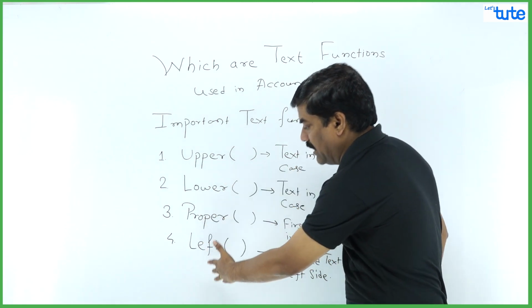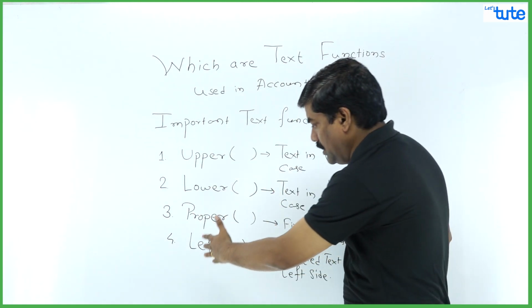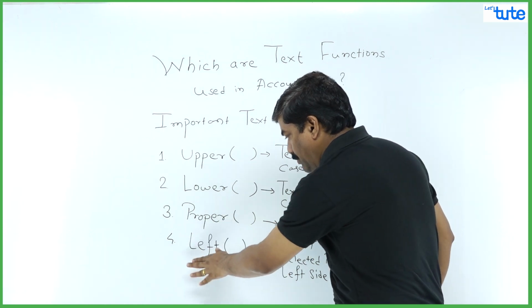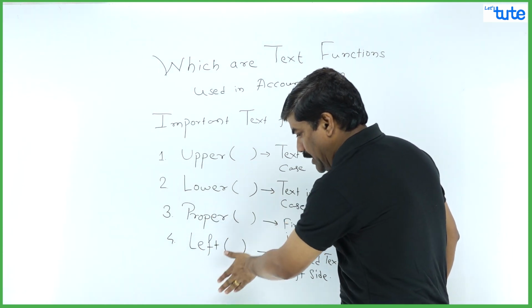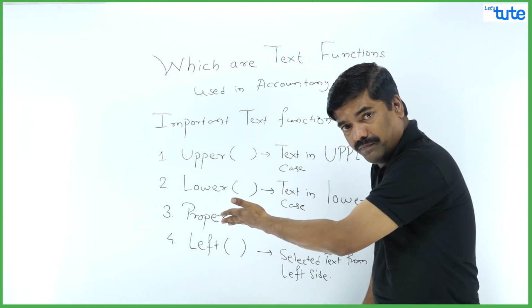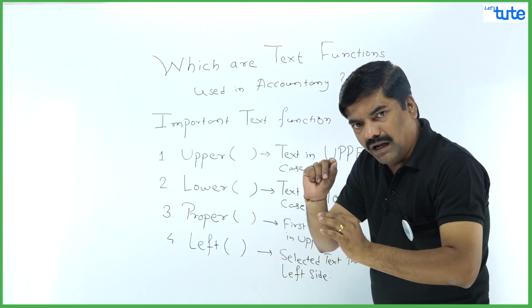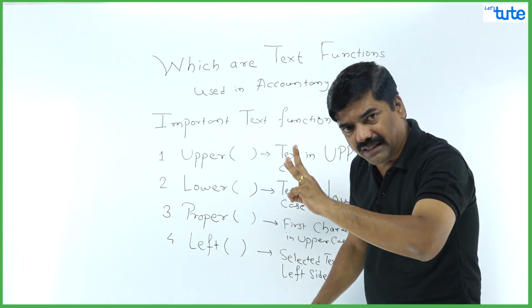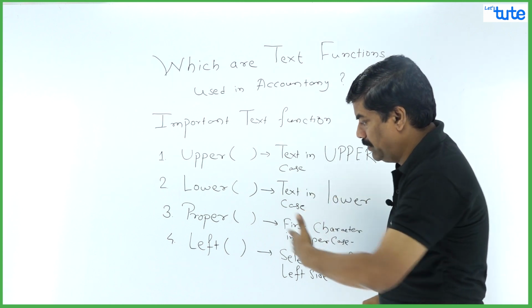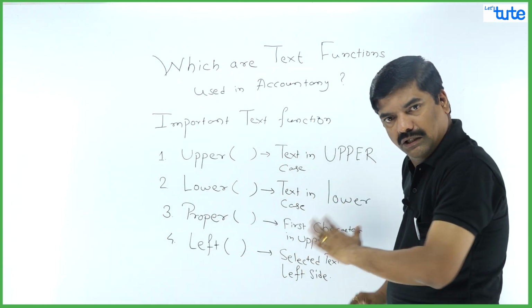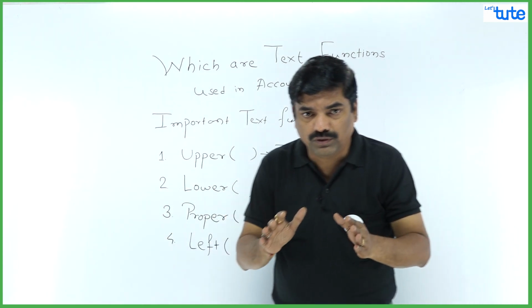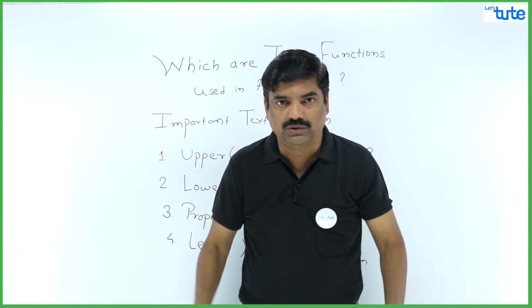You have to select the cell: equal to left, bracket open, select the cell number, comma, and how many characters you want, 3 characters, 4 characters, counted from the left hand side. These 4 commands are useful for text functions only.